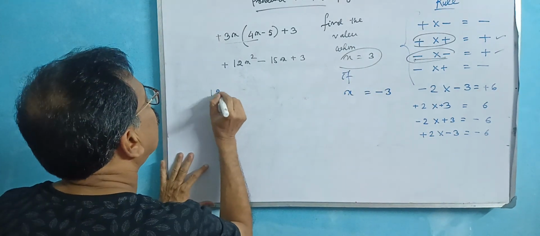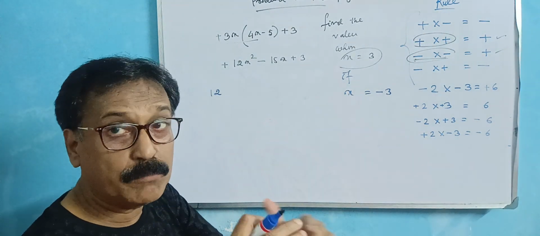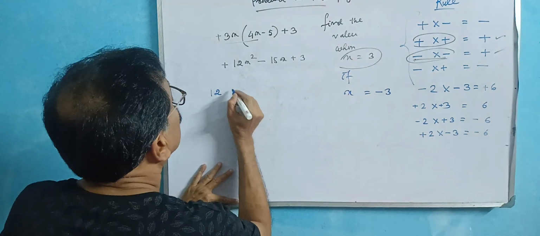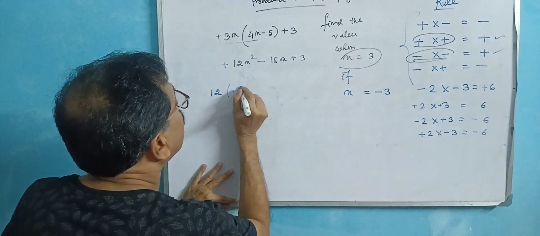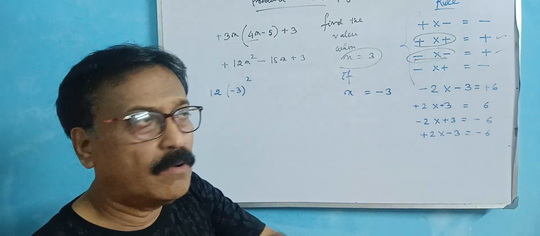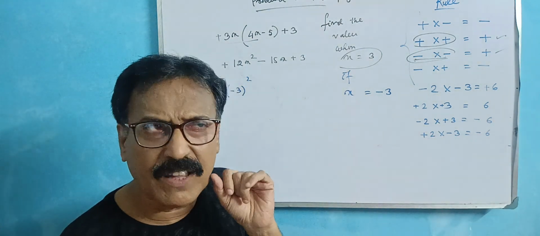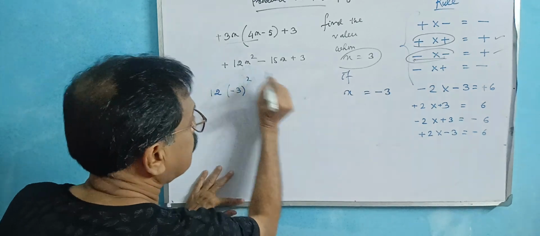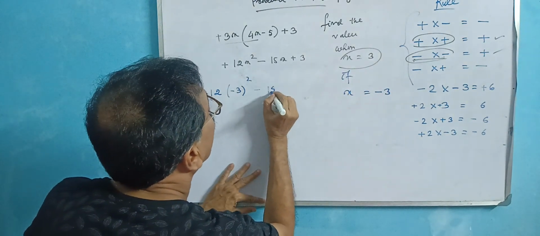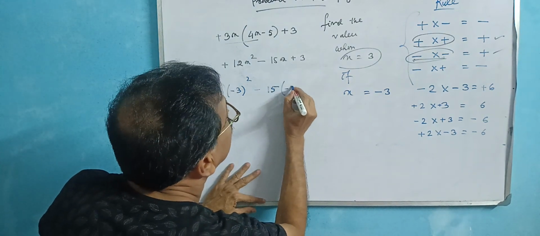So this is 12. You should always use a bracket when minus is there, so calculation is easier and there is no mistake. So for x square, you write bracket minus 3 square. That is the proper way. So the answer will always be right, and the possibility of mistake is very minimum. So this x is minus 3, you always use a bracket. Here is minus 15. Now this is x, you just use the bracket minus 3.